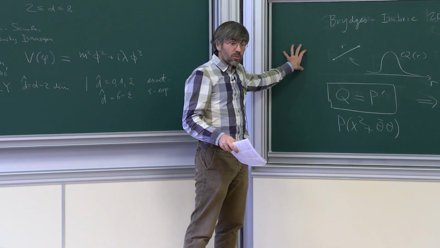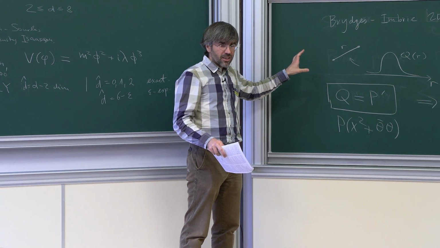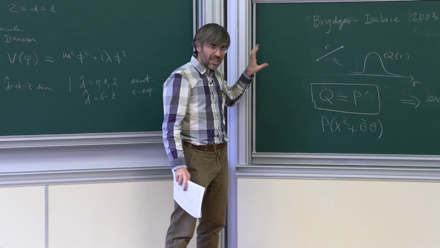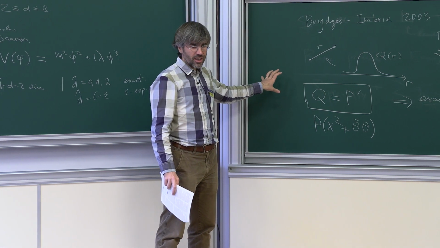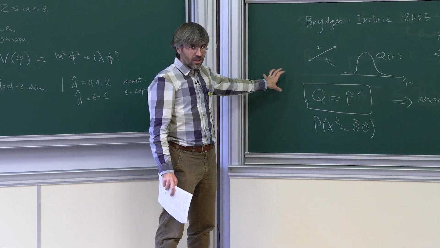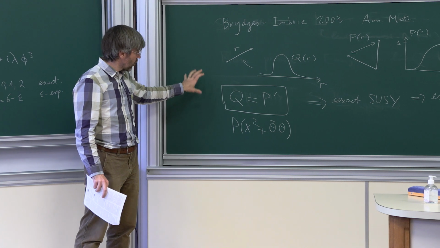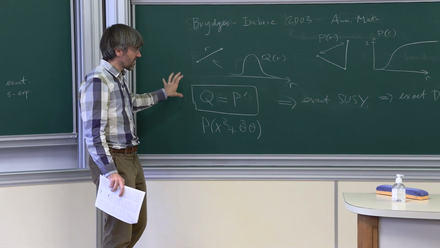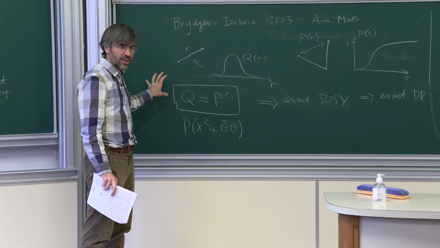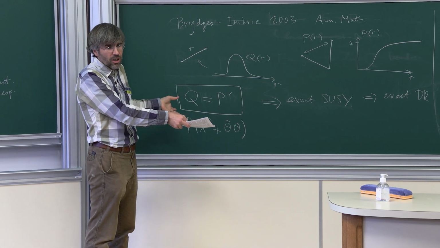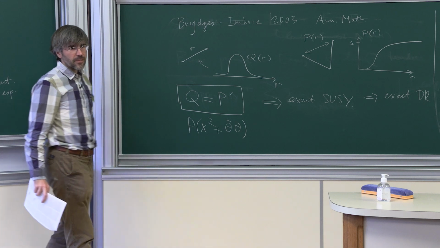In the branched polymer, there is an amazing thing: there is a model of branched polymers which realizes supersymmetry exactly at the microscopic level. That's a big luxury that doesn't exist for the random field Ising model. And if such a model exists, then there are no effects which break supersymmetry, so it is completely preserved by RG.